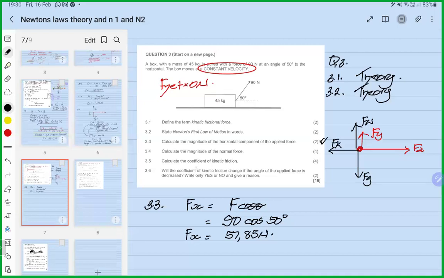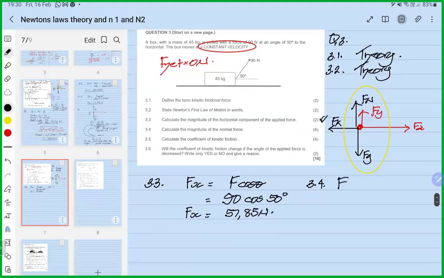So, how are we going to get the normal? Well, here, the sum of the forces in the y direction is going to be 0. So Fn plus Fy is equal to Fg. And the examiner kind of gave you a hint in 3.3 not to forget Fy. How did they give the hint? They said calculate Fx. So 3.4, your normal plus your y component is equal to Fg. We're going to find that normal now by saying that's equal to Fg minus Fy.